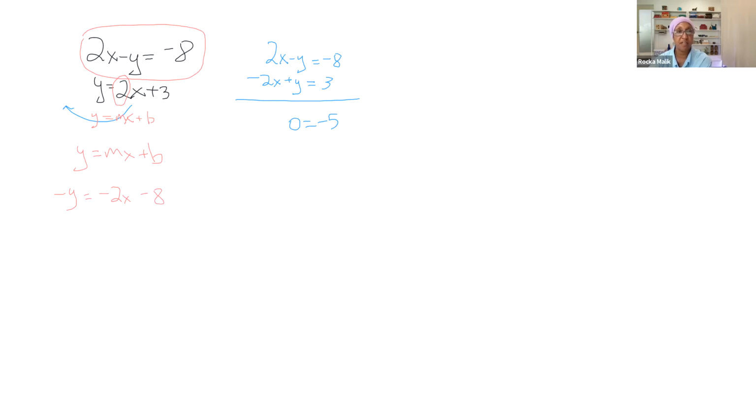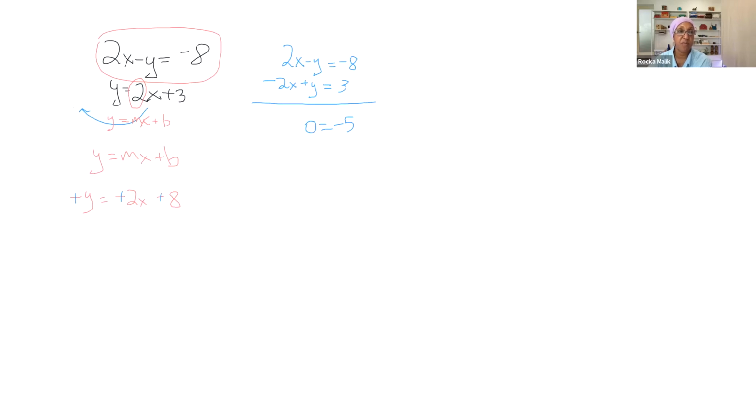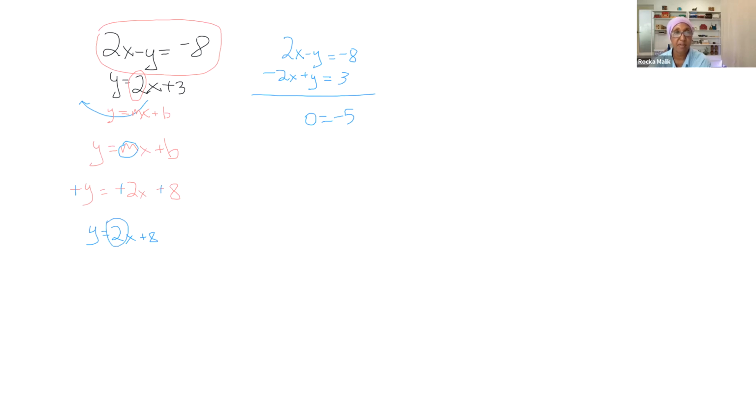Change this sign, change this sign, change this sign. So now I have y equals 2x plus 8, which lines up with the m is 2, and 2 lines that have the same slope are parallel. That means they're crooked in the same way.